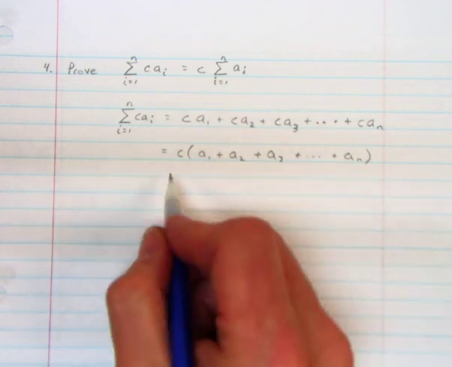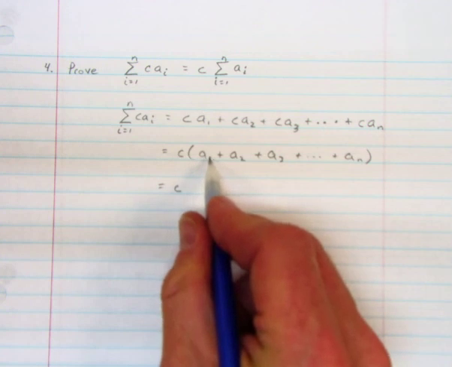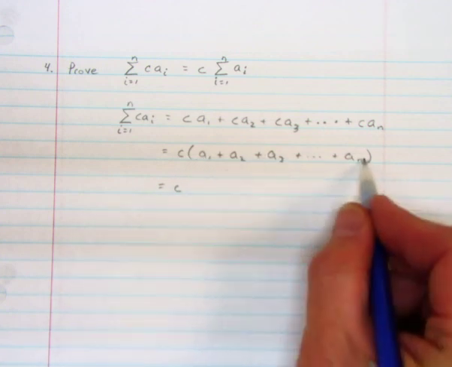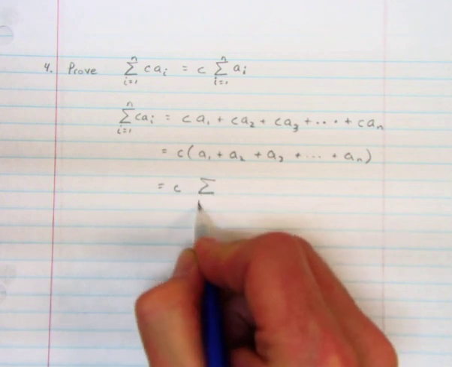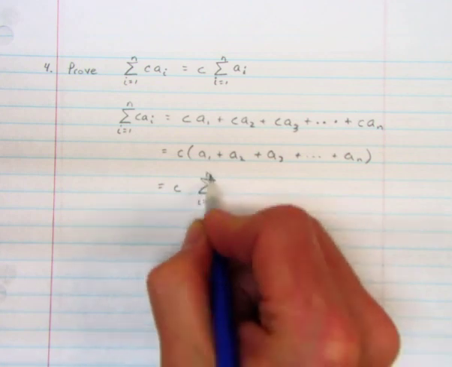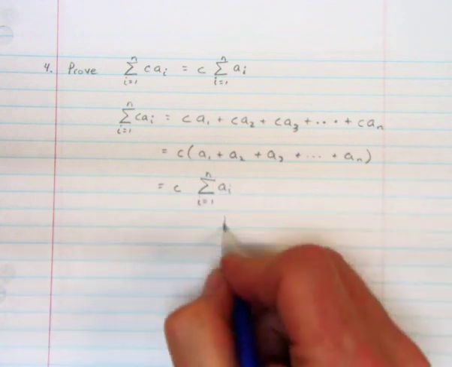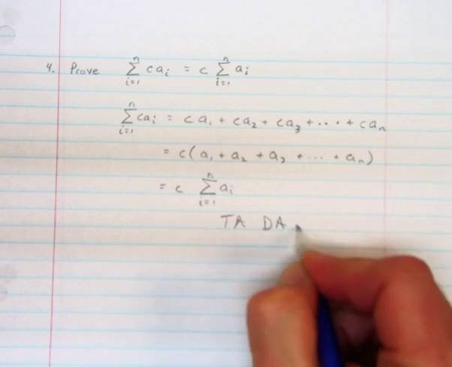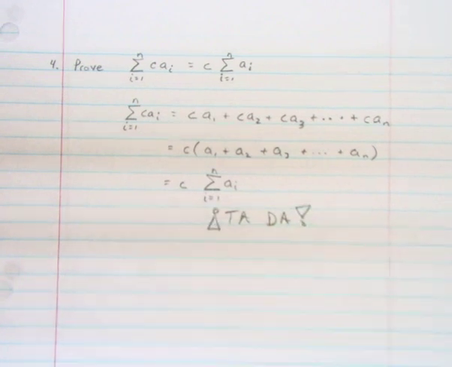Looking at what we're trying to figure out, we'll have c times the sum of a1 plus a2, a3 all the way up to a sub n. If we take that and write it in summation notation, that will be the sum from i equals 1 to n of a sub i. And that is it. And the proof is done, and that is all.